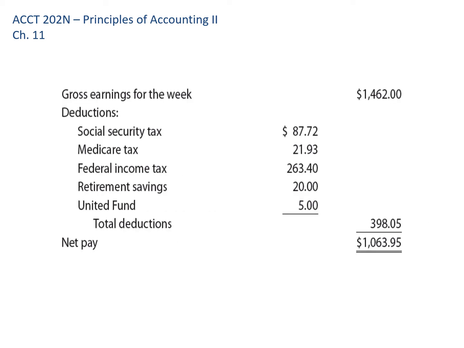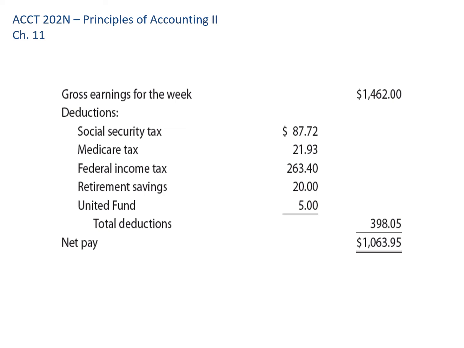So it would look like this for an employee. This employee earned $1,462 either through hourly wages or their salary. That's for a week. And so we deduct 6% of that amount, $87.72, for Social Security. We deduct $21.93 for Medicare. We look up on the chart based on their marital status and the number of allowances they have, and we figure out that we should withhold $263.40 for federal income tax.